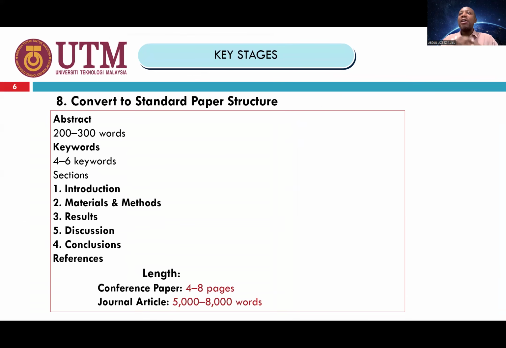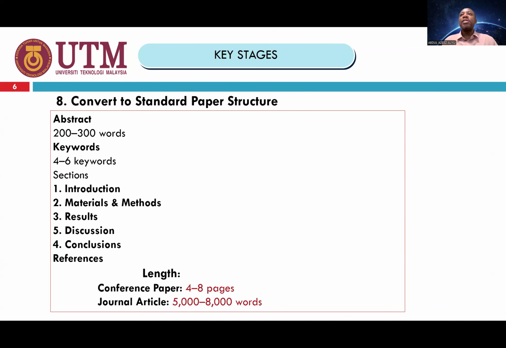If all these are okay, then you can directly convert the FYP project into a journal or conference structure. The journal and conference structures are almost similar. Both of them contain an abstract, which ranges between 200 to 300 words, I'm sorry. Then there are keywords, like 4 to 6 words.